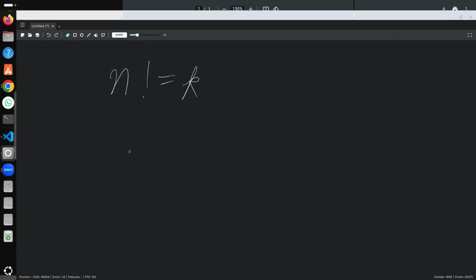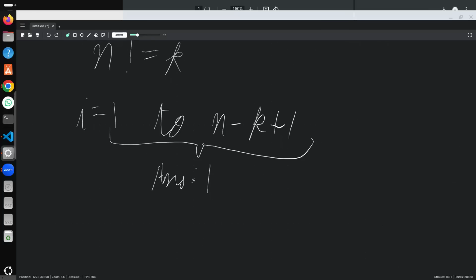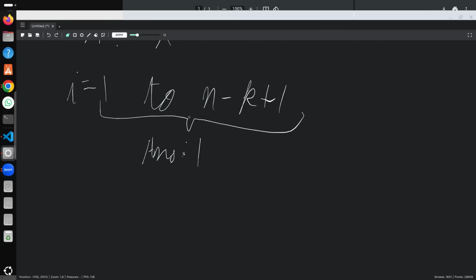So if n is not equal to k, then the logic was that we can take i from 1 to n minus k plus 1. If there is a not-1 in any of these indices, then the answer is 1. And if all of them are 1, then the answer is 2. So I just used the count function.